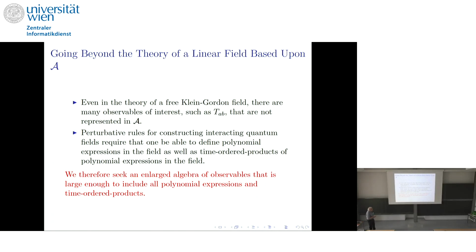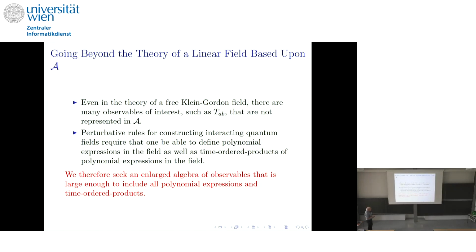And then you might want to do interacting quantum field theory. Well, that would be quite a task. That may require some new ideas, but one knows formally how to do perturbative rules for obtaining interacting quantum field theory results from free quantum fields.